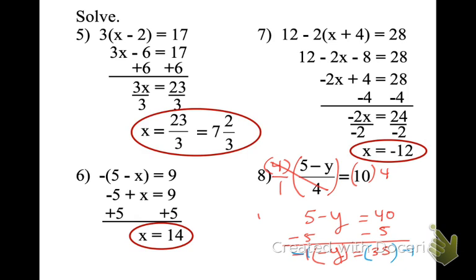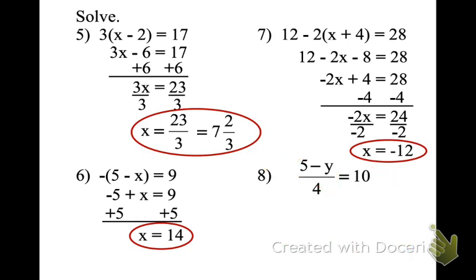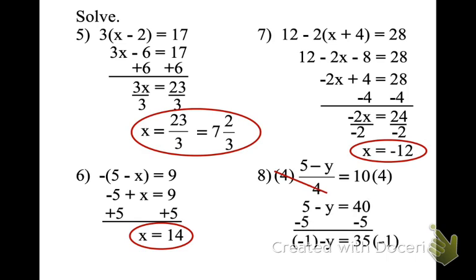And here we go, sorry. And once I've multiplied, there we go. I'm left with y is equal to negative 35. Okay?